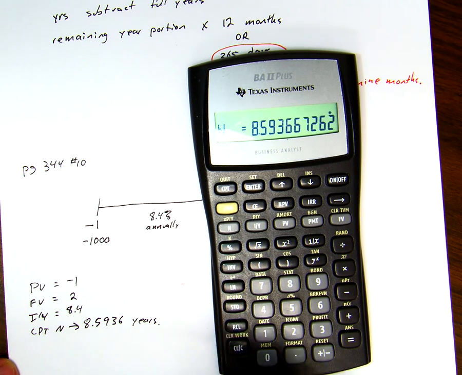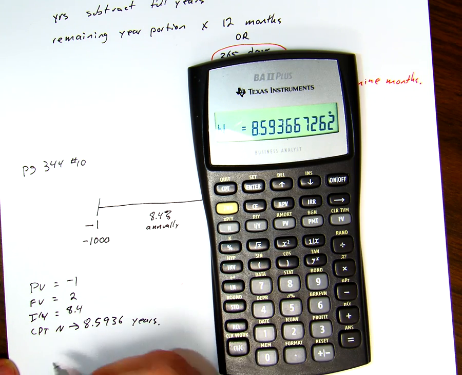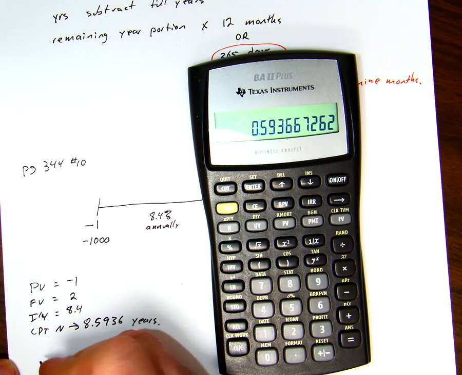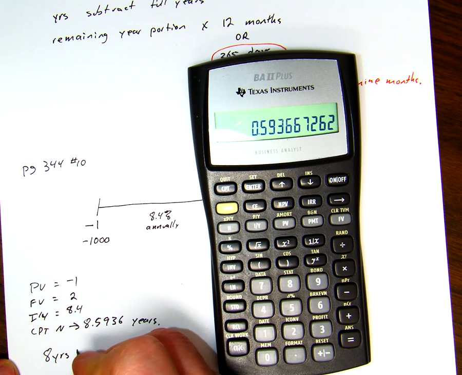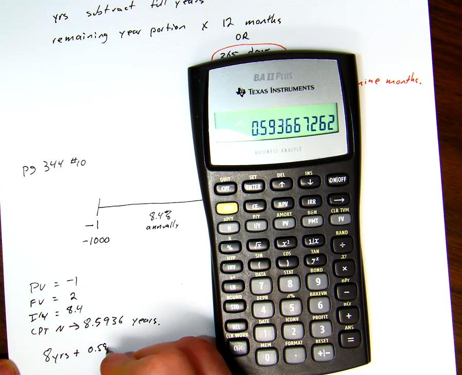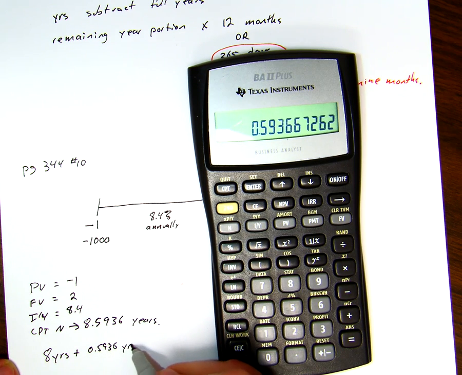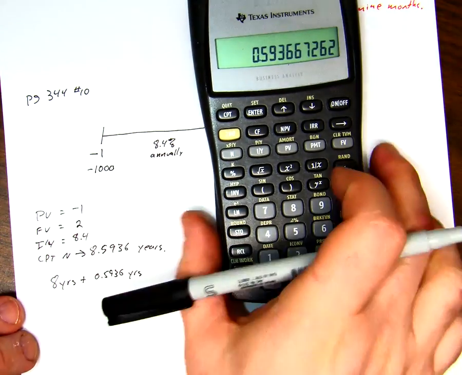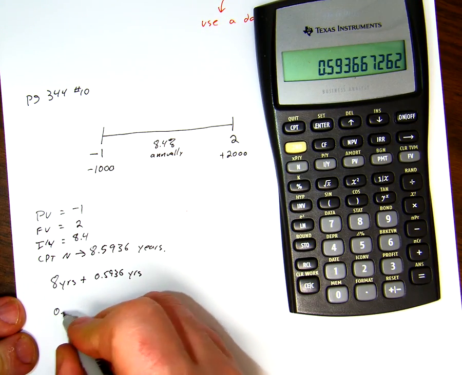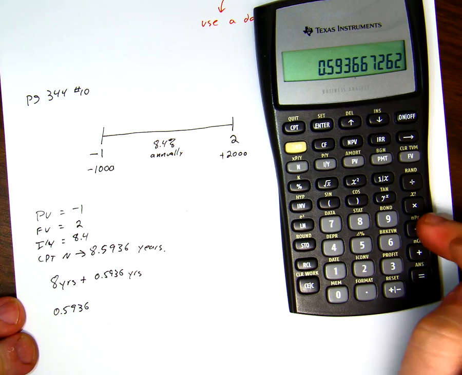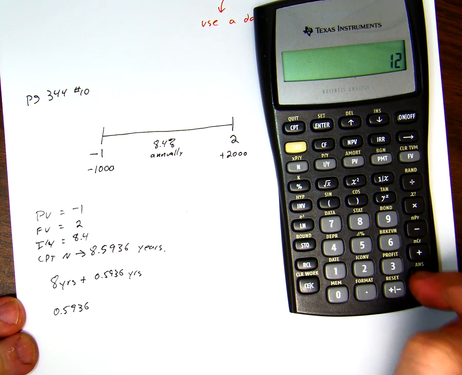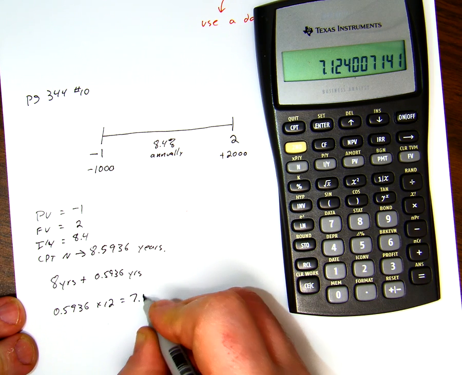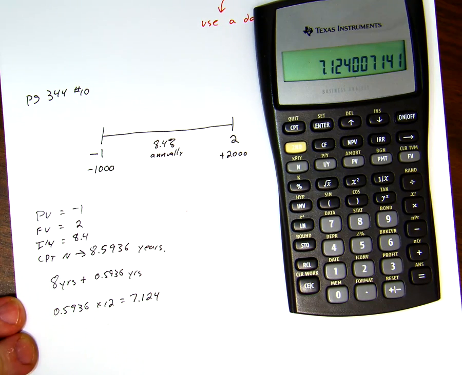It's going to take 8 years to do this. If we do the math here, this is going to be 8 full years, so we subtract off 8. So it's 8 years plus 0.5936 years. If we want to do this calculation in months, we take 0.5936 times 12, and that equals 7.124 months.